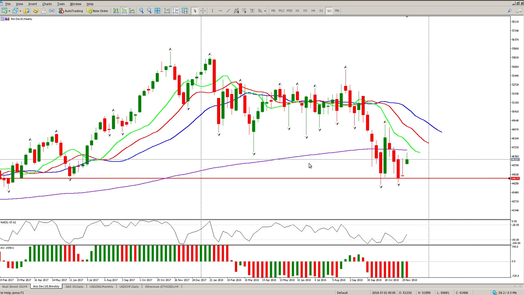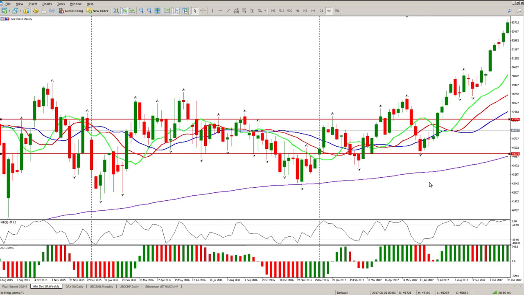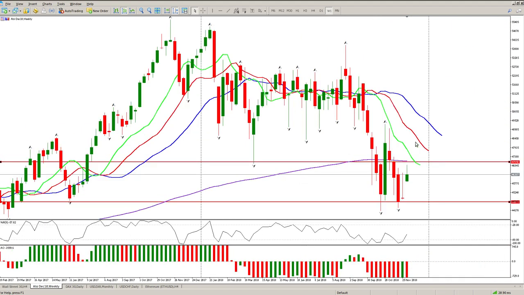So the bears are going to be driving this market every time we come into this area of 4,700. They're going to be driving the market down, trying to force it. I don't see a measured move here on the weekly, but there are some gaps down the bottom here from a couple of years ago, which would be magnets at the moment.